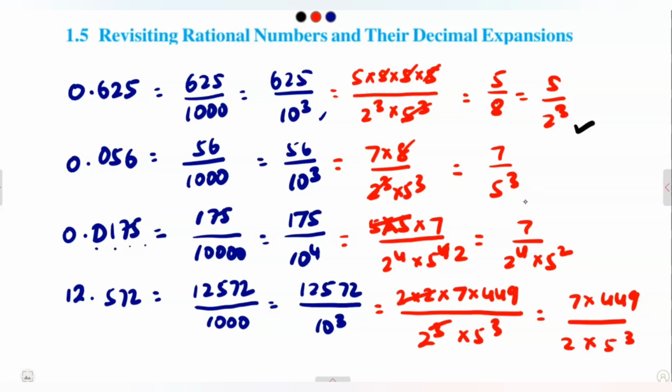This is 2 cube, this is 5 cube, here it is 2 power 4 and 5 power 2, and here it is 2 power 1 and 5 power 3. So observe all the denominators of these examples: they are all either powers of 2, or powers of 5, or both.